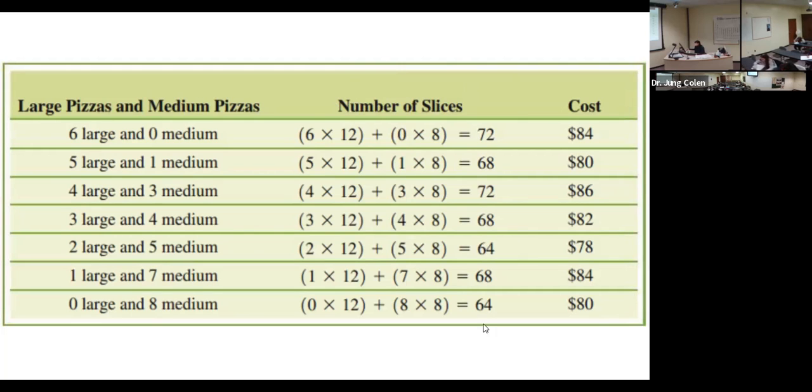Which one is the maximum slices here? 72 is the maximum, right? It's the greatest number. So we have 2 options. You can either buy 6 large pizzas, or you can buy 4 large and 3 medium. Either way, you can have the maximum number of 72 slices, right?